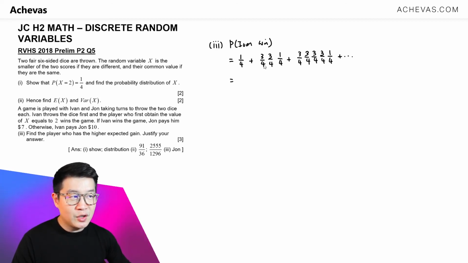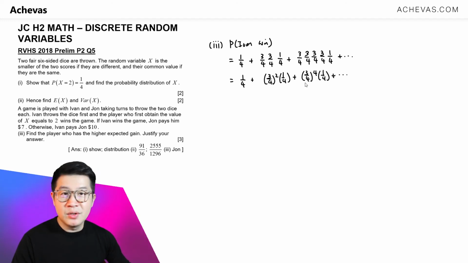And if I were to just consolidate the probabilities that I have, it is going to be 1/4 plus (3/4) squared multiplied by 1/4 plus (3/4) to the power of 4 multiplied by 1/4, and all the way till infinity. So what we are seeing here is a GP, with the first term as 1/4 and the common ratio as (3/4) squared, because from this to this it is multiplied by (3/4) squared.